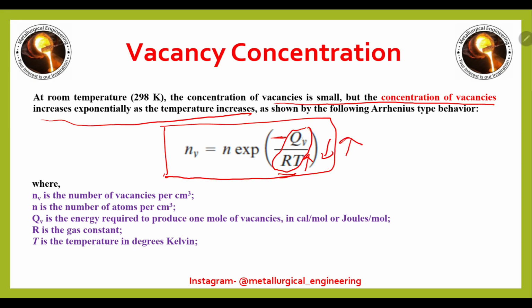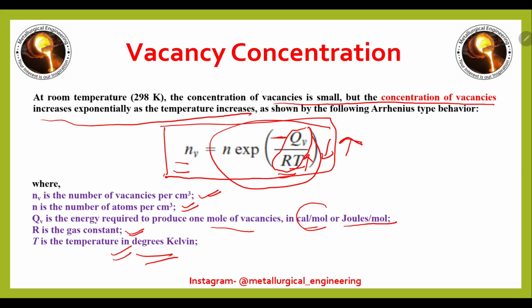So the concentration of vacancies increases exponentially with increase of temperature. Here NB is the number of vacancies per centimeter cube, N is the number of atoms per centimeter cube, QB is the energy required to produce 1 mole of vacancies, which will be in calories per mole or joules per mole. R is the gas constant, T is the temperature in degrees Kelvin.